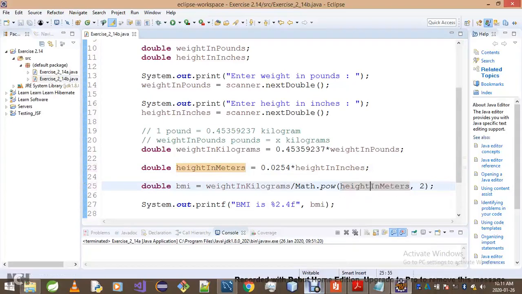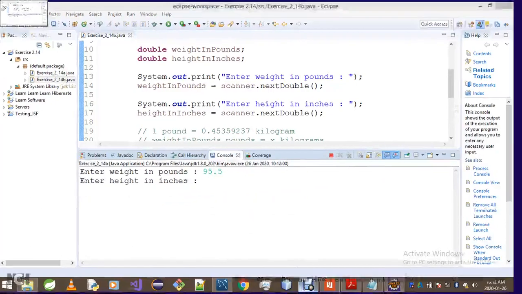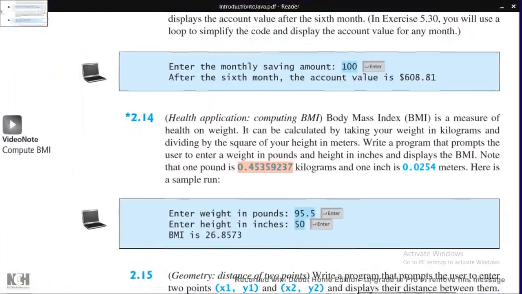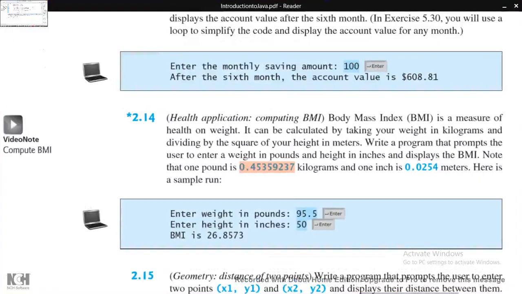There we go. Let's see what we get. Oh, we had 95.5, and what was our value for inches? It was 50. Seems like we got what we expected.